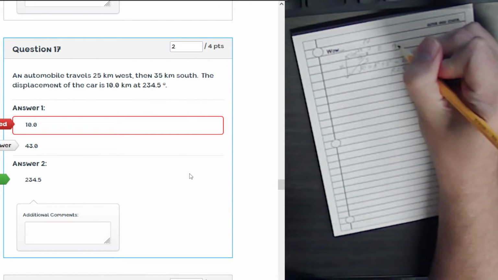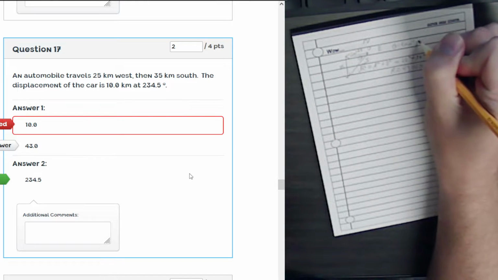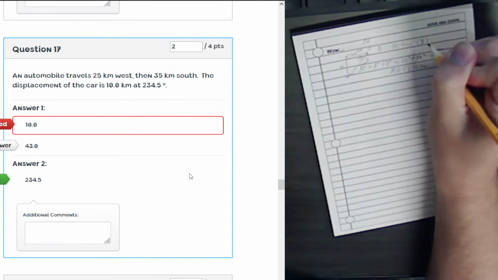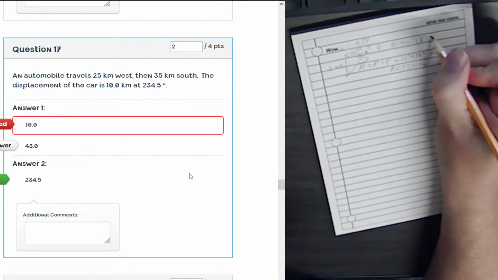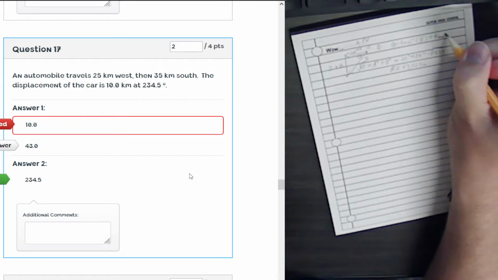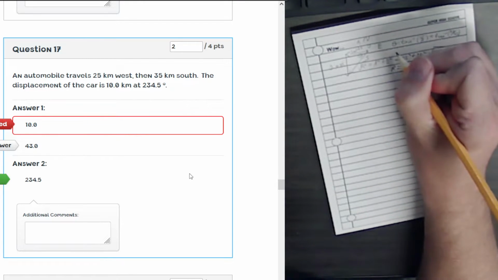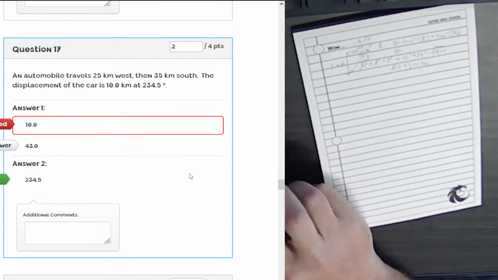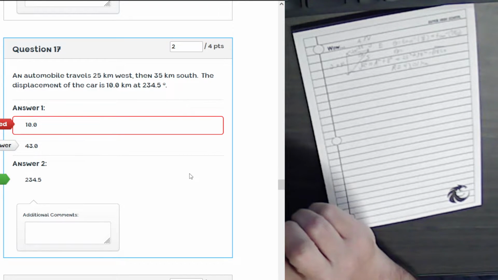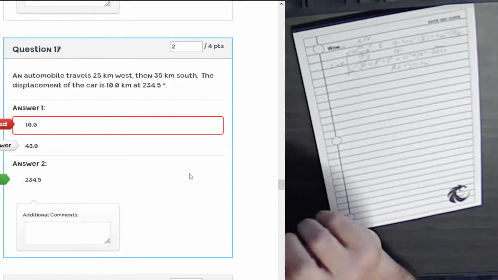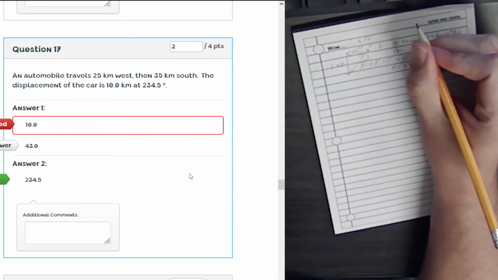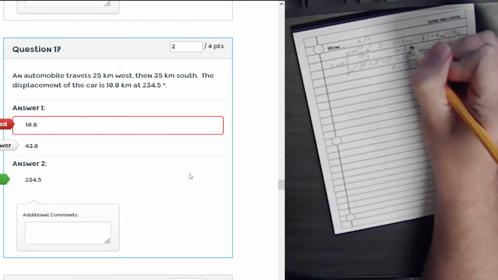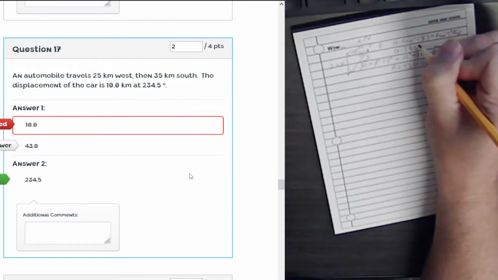Okay. And then to find the direction, well, that's going to be this angle here. So to find the angle, it's going to be tangent inverse. Remember, that will be opposite over adjacent. So in this case, this side would be opposite, and this side would be adjacent. So I'm going to do tangent inverse of 35 over 25. That will give me an angle. So it gives me an angle of 54 point, I guess we just round it to 5 degrees.